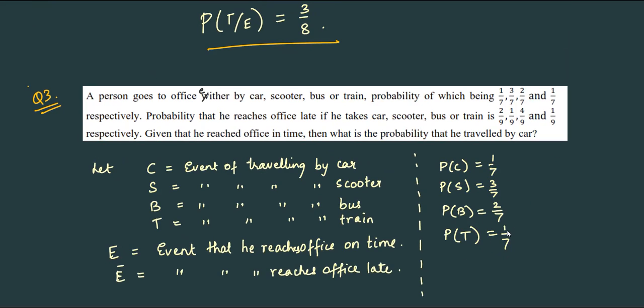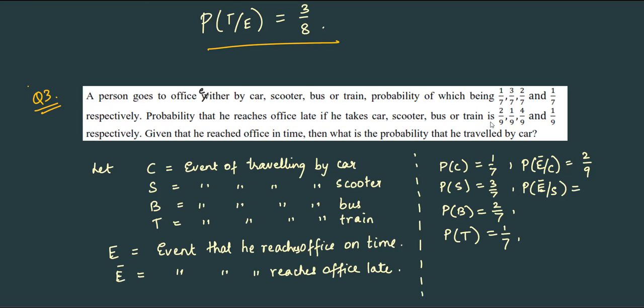Now, what is the probability that he reaches late, given that he has traveled by car? It is 2/9. Probability that he reaches late given going by scooter is 1/9.